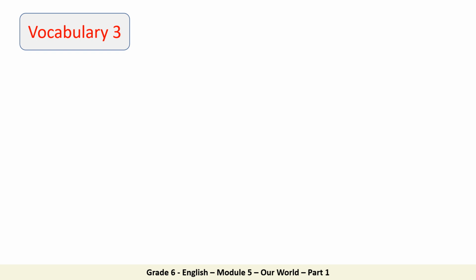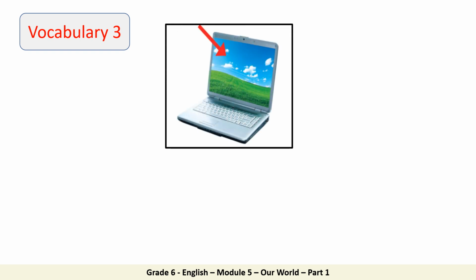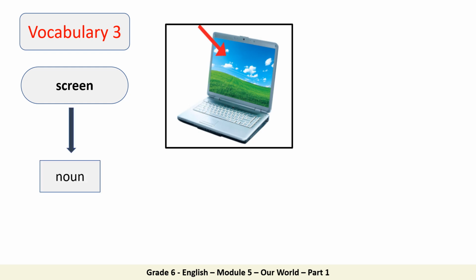Since we're talking about laptops, what about this particular part of the laptop? What are we pointing at here? Yes, that's right. It's the screen. Very good. Now, what about the word screen? Is it a verb? Is it an adjective? What part of speech is it? That's right. It's a noun.